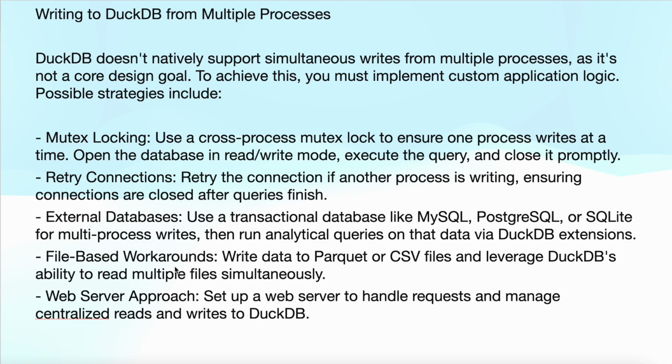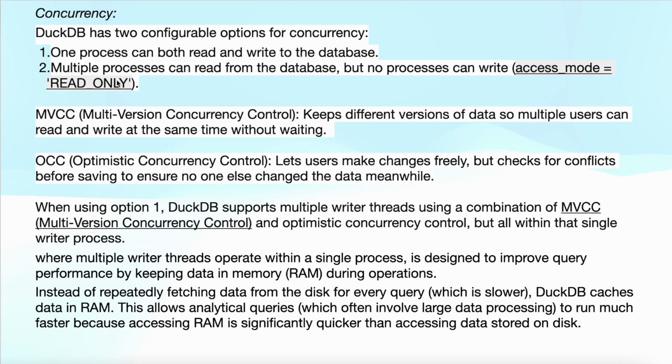Also we can use workaround techniques like writing data to Parquet or CSV files and leveraging DuckDB's multiple read options. Instead of writing into the same database, we can write into files temporarily, and since DuckDB has multiple read options, as per the second point we discussed, it supports multiple reads from a single file.